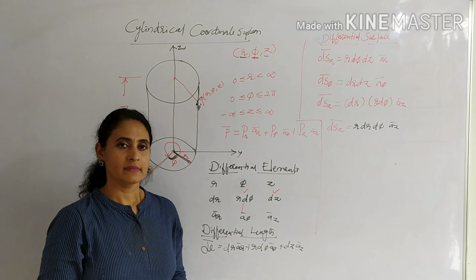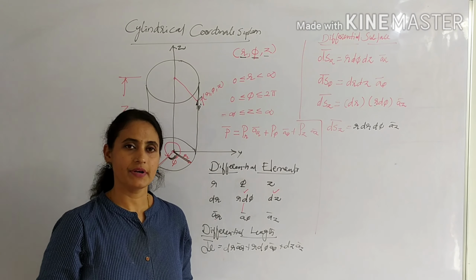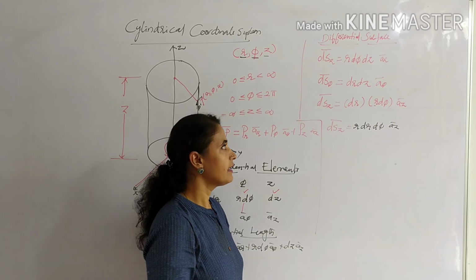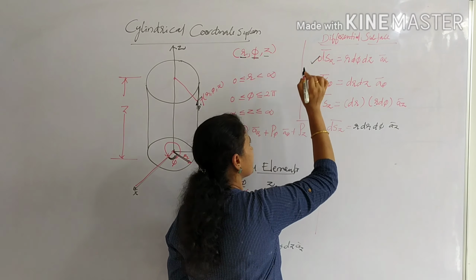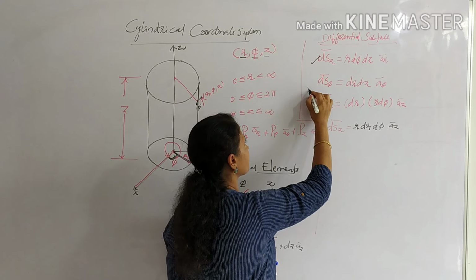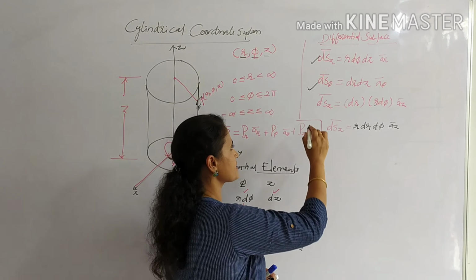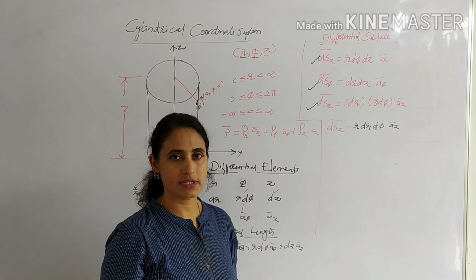In this way, the three differential surfaces of the cylindrical coordinate system are obtained: the differential surface normal to R, normal to phi, and normal to Z.